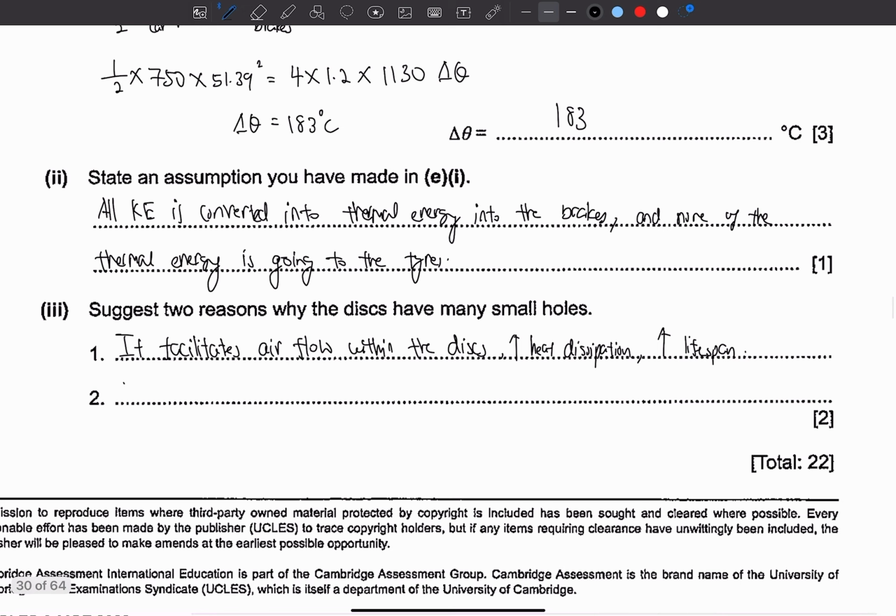So it disperses the rainwater through the holes, increasing the friction between tyre and brake pad.